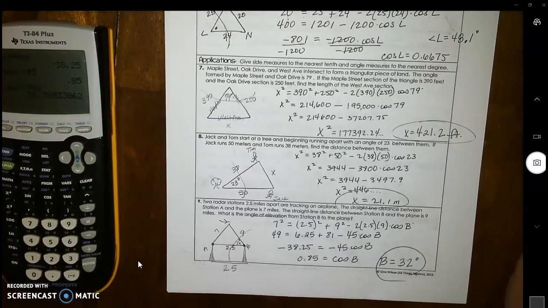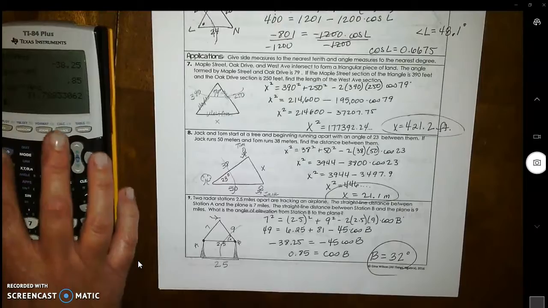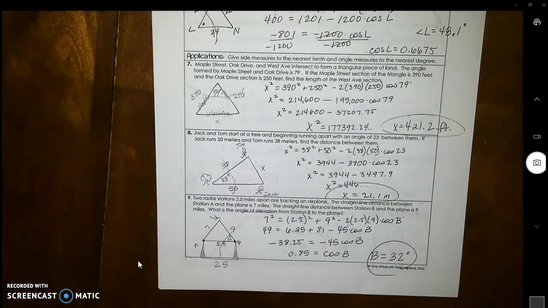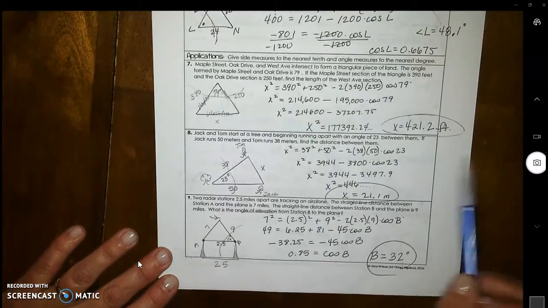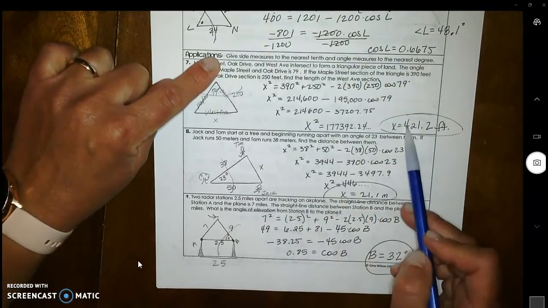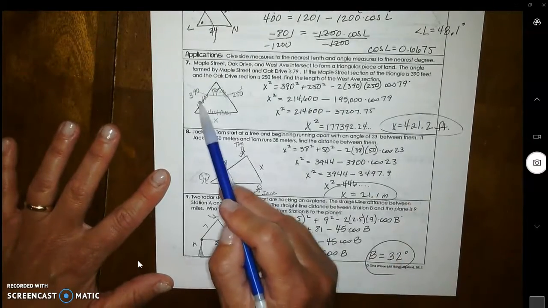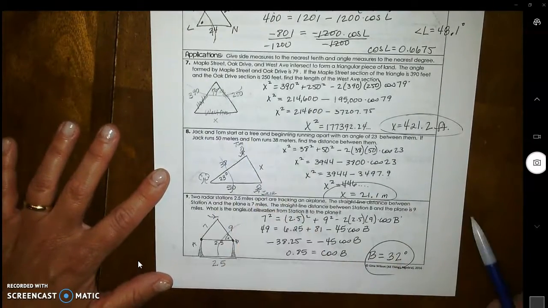All right, so go double check your answers. Let's make sure that you got your answers correct. Okay, and so it looks like the length of West Avenue, to the nearest tenth, and the angle to the nearest degree, I got 421.2, which with these numbers makes a little bit of sense.